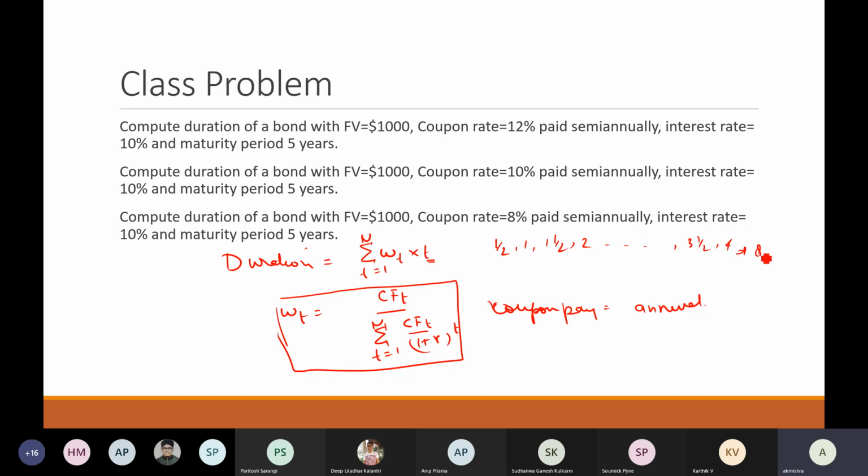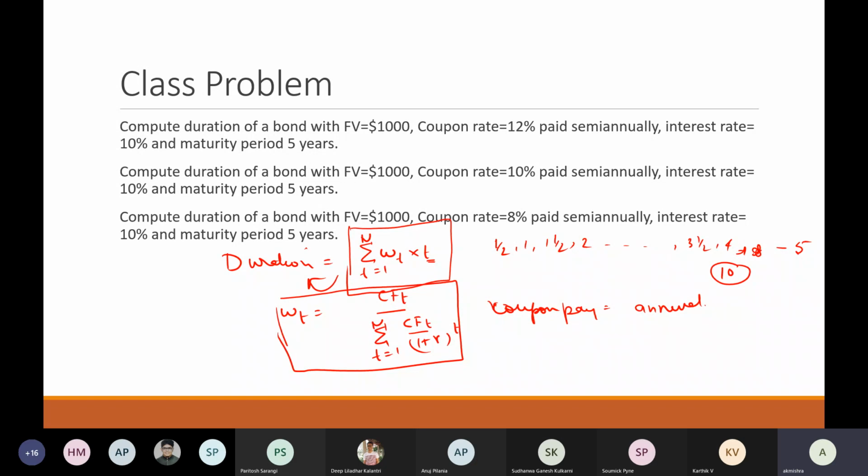Here it is 5 years, so it will go up to 4.5 and 5. So you will have 10 terms. It is easy if you use Excel or a calculator. Then the summation of weight into t will give you the duration.